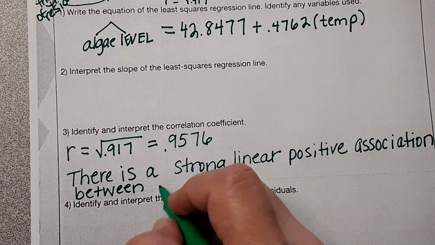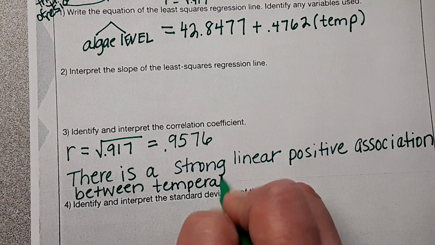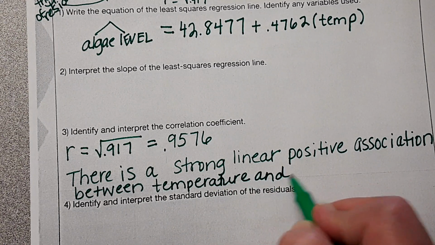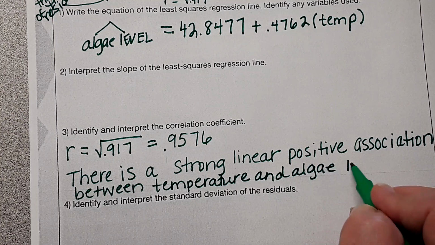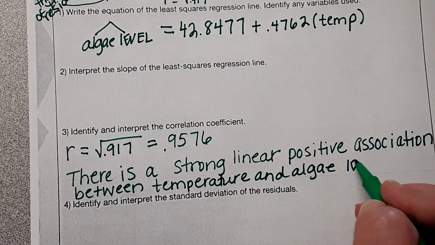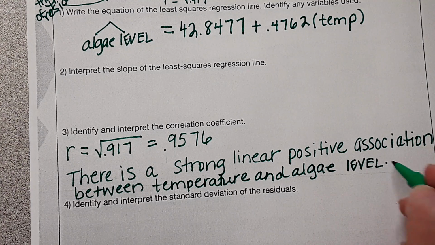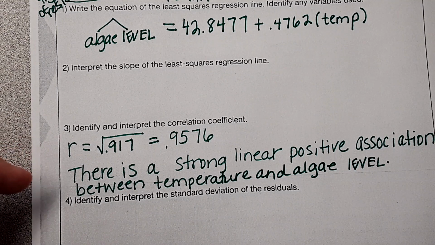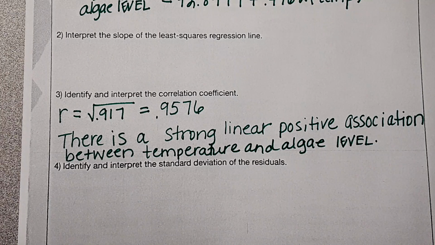Between temperature and algae level. That right there gives you an E. That also could be a great multiple choice question.